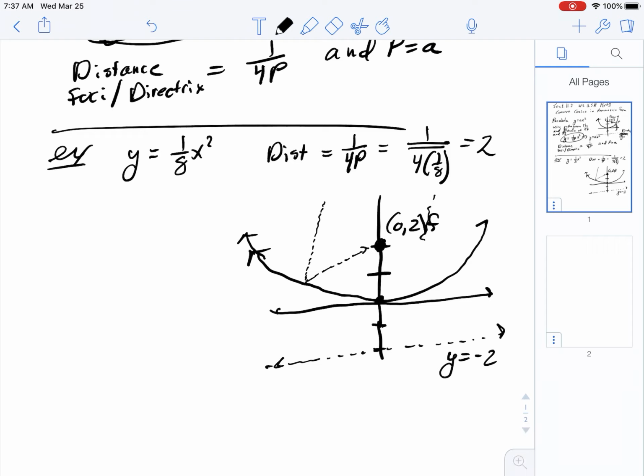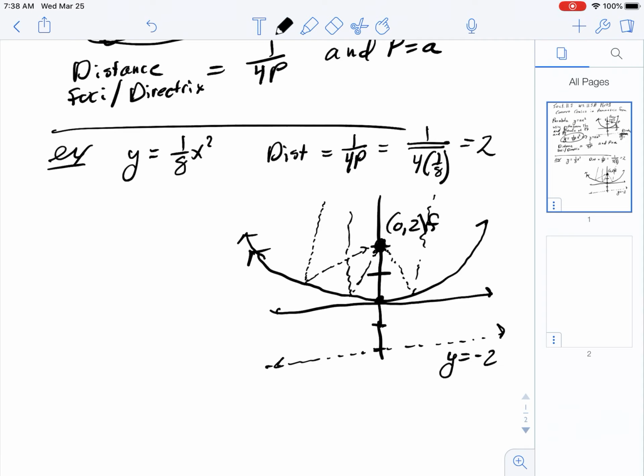Or if I threw a tennis ball down here, that tennis ball would bounce and hit that spot. And therefore likewise here, and so on and so on. So anyway, that's kind of what you were taught in Algebra 2 looking for the focus. But there's a little bit more to this.